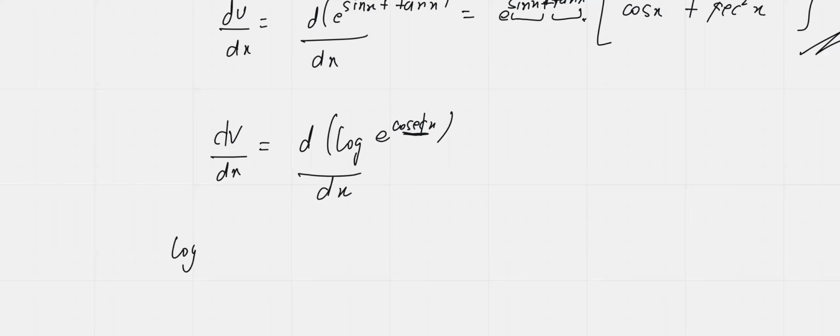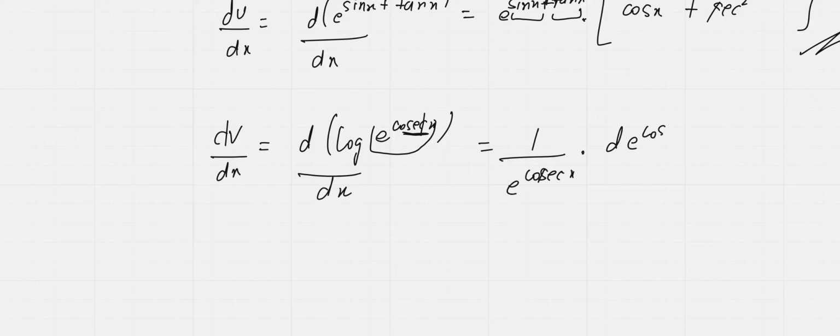Whatever the differentiation of log is, it is nothing but 1 by the inside, whatever the inside is. Then, as per the chain rule, I'm just left to differentiate this part: d of e to the power cosec x. We know how to differentiate this.